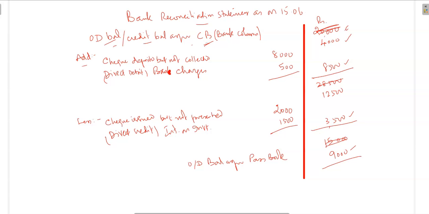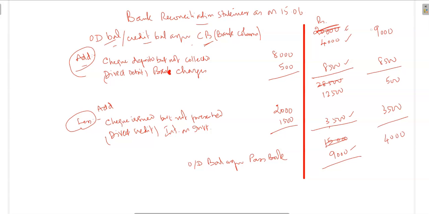Whereas when your start point is OD balance as per passbook, say for example you start from 9,000, all these adds will become less. So you have to subtract 8,500. So the balance will be 500. And you have to add 3,500, and your balance will become 4,000.